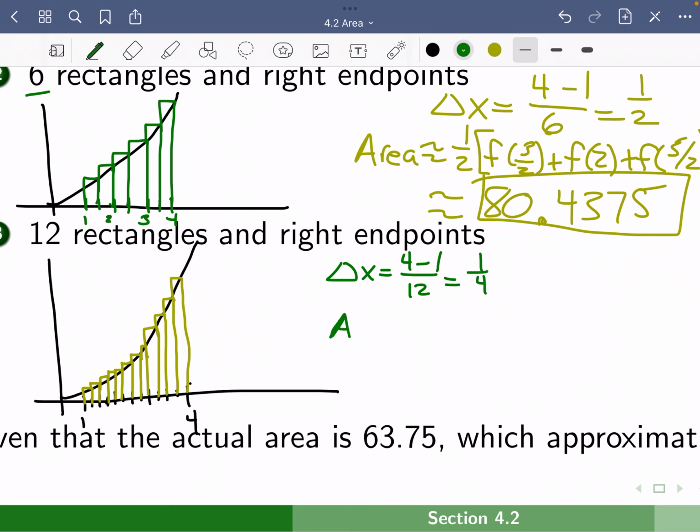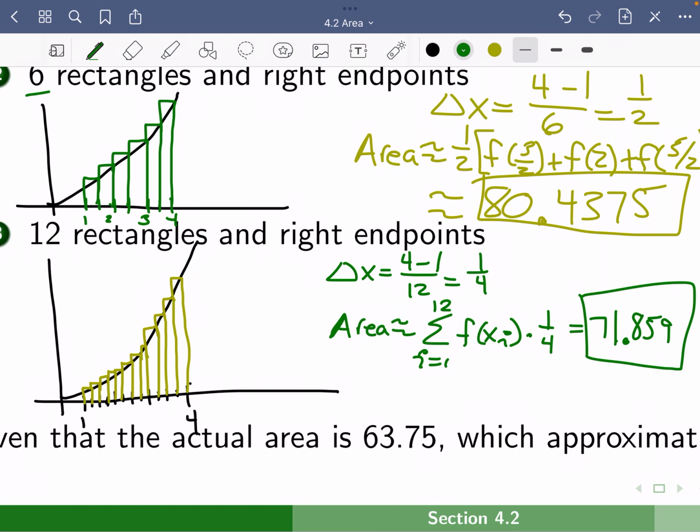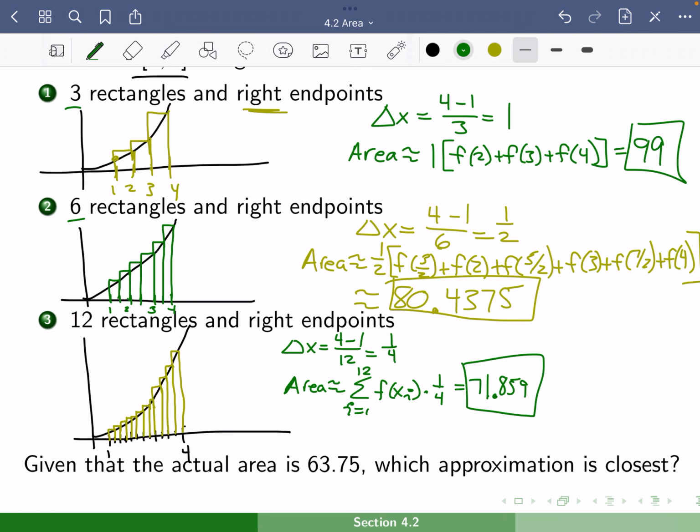And so then our area is approximately the sum, i equals 1 to 12, of f of x sub i times 1/4, which, if we do that, we will get 71.859 if we go to 3 decimal places. Excellent.